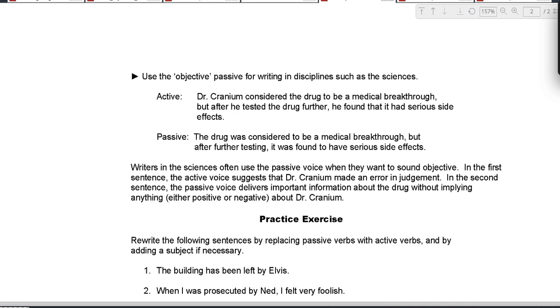In the first sentence, the active voice suggests that Dr. Cranium made an error in judgment. In the second sentence, the passive voice delivers important information about the drug without implying anything, either positive or negative, about Dr. Cranium. So, is it clear to you?